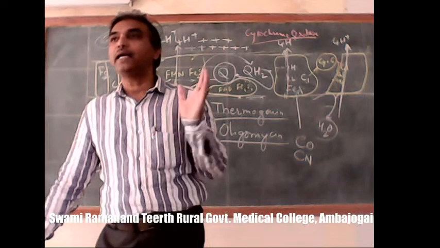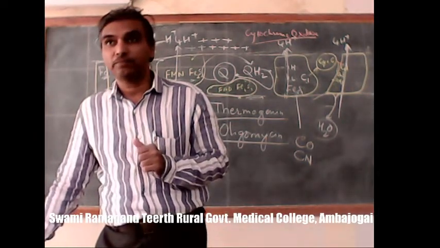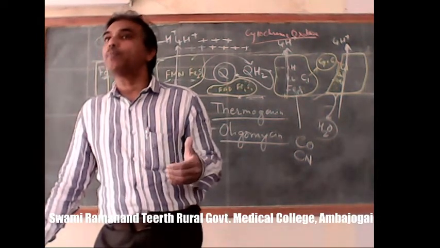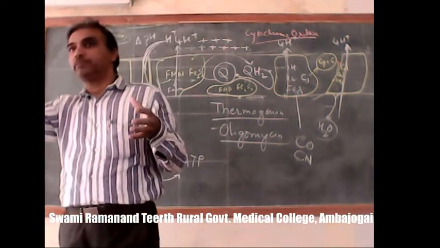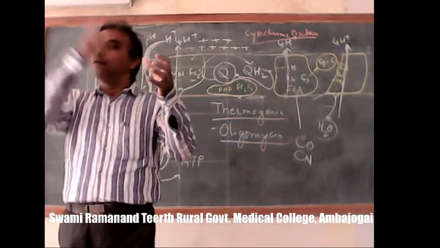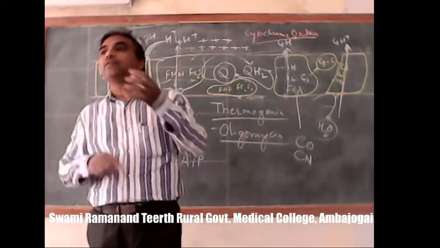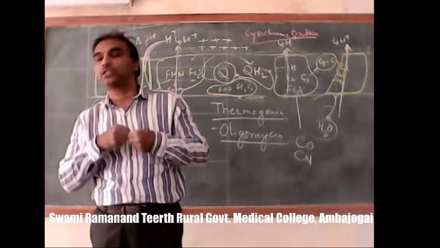Because cyanide inhibits cytochrome oxidase, the last component, and if the last component stops working, then electrons cannot flow. Because there is recycling again and again. You require an acceptor when somebody donates.